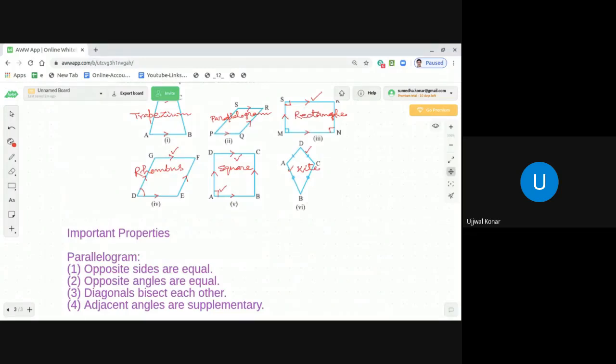Let me draw the diagonals in a different color, suppose in purple. This is one diagonal and this is another diagonal. So BD bisects AC, but AC does not bisect BD. Correct. Exactly. This is such a fantastic question.